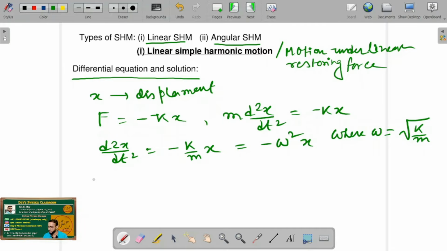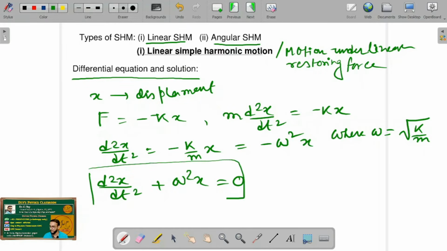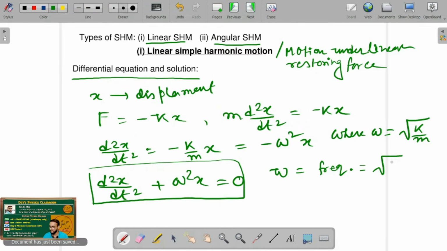Or the differential equation would be d2x/dt2 plus omega square x equals 0. So this is the differential equation for linear simple harmonic motion, where omega is the frequency of the motion, which equals root under k by m, and the time period would be 2 pi by omega, that is 2 pi into root over m by k.